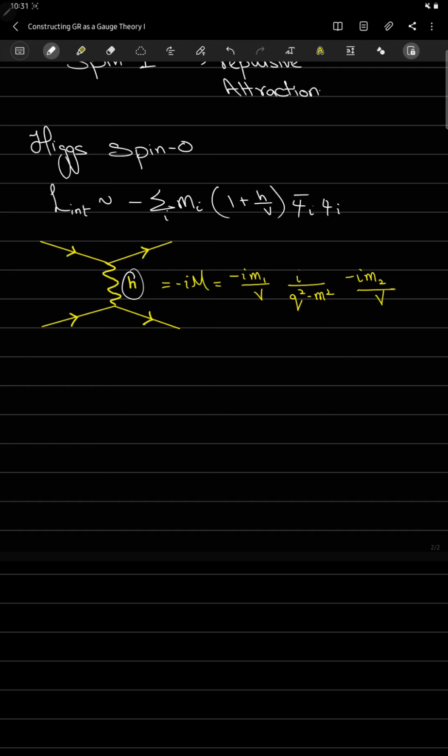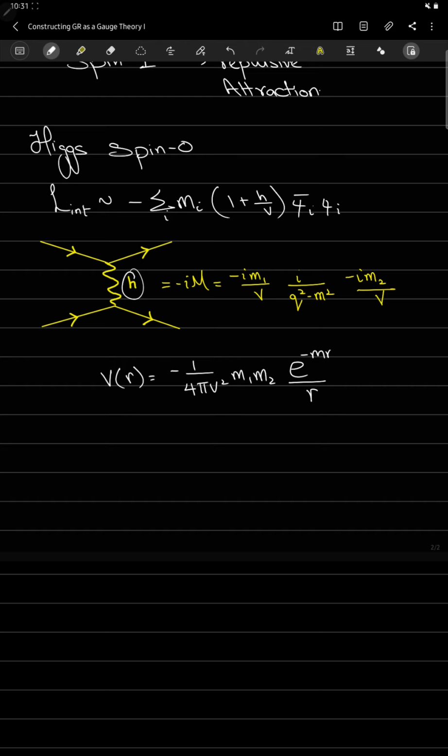Now, if I use Fourier analysis, we can get the potential from this amplitude, which turns out to be V of r equal to minus 1 over 4 pi v squared times m1 m2 times exponential of negative m r over r, right?